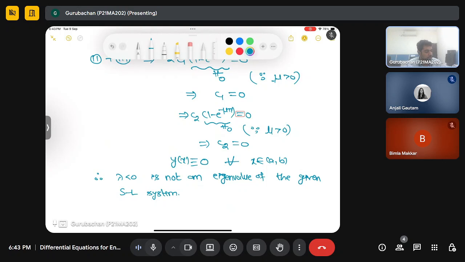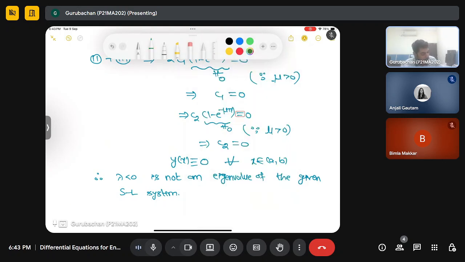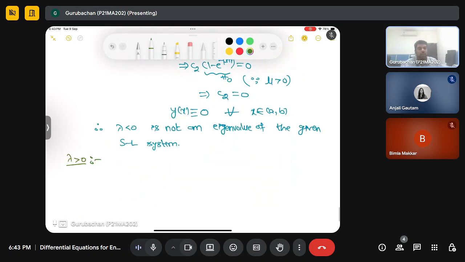So let us do that one also. Lambda greater than 0. So what will happen in the case of lambda greater than 0? You will assume lambda to be mu square, where mu is a positive quantity, and equation 1 implies that k square plus mu square equal to 0, and k will be plus minus iota mu.